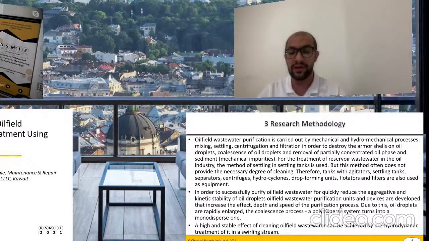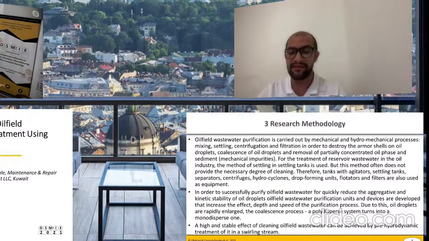In order to successfully purify oil-filled wastewater, units and devices are developed to quickly reduce the aggregative and kinetic stability of oil droplets and increase the effect, depth, and speed of the purification process. Due to this, oil droplets are rapidly enlarged by the coalescence process. A polydisperse system turns into a monodisperse one.